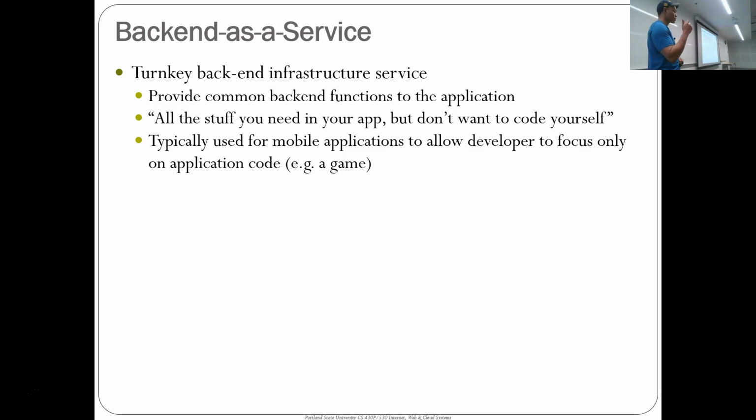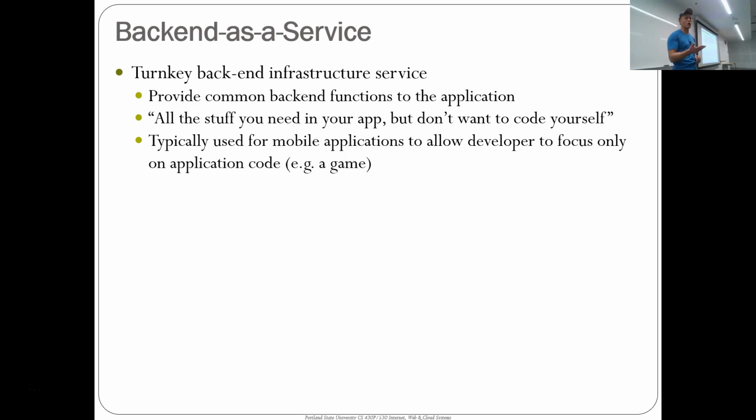So if you're good at video game programming and sort of the mechanics of game programming, the last thing you want to do is spend like months figuring out how to get communication between your players, right? That's a piece that's not your expertise. You need it. The players need it, but you don't want to have to write it because that's not what you do. Okay. So this backend as a service was initially targeting mobile apps.